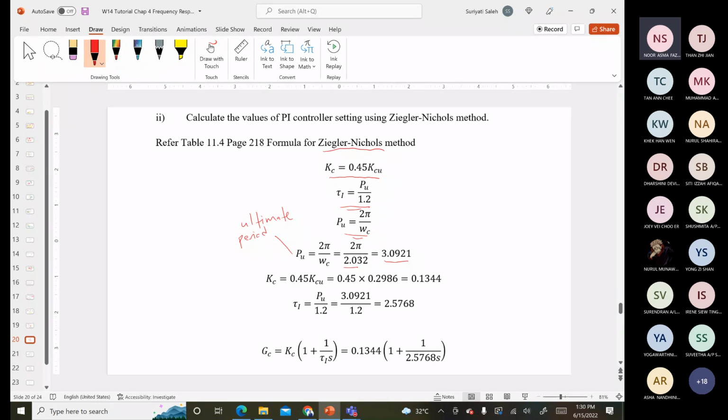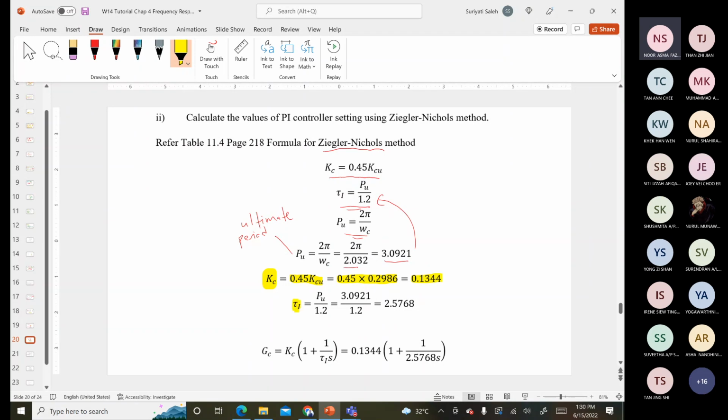So this means we can substitute this value inside the tau I. We already know the KCU and Pu values, so we substitute both values to determine the Kc and tau I. For this part, Kc equals 0.45 KCU. 0.45 multiplied by 0.2986, we get 0.1344.